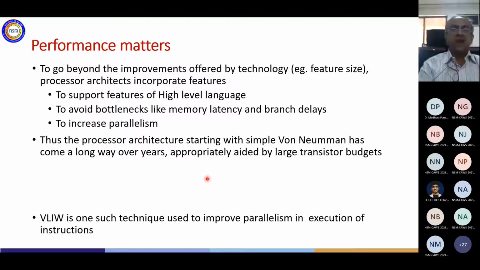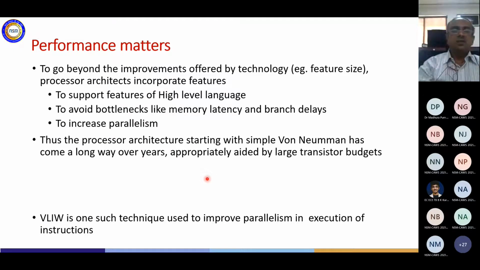So the newer languages give some facilities to the user, and they in turn demand efficient mapping of those facilities, or the features that the language offers, from the hardware. The architects of processors have to live up to those expectations and see how those can be serviced efficiently by the hardware that they are designing.